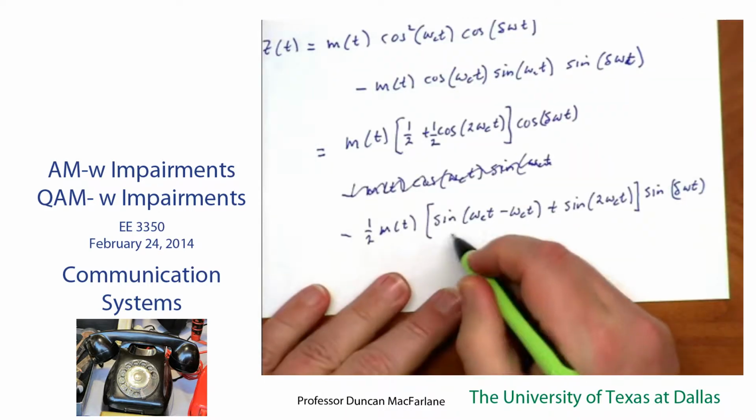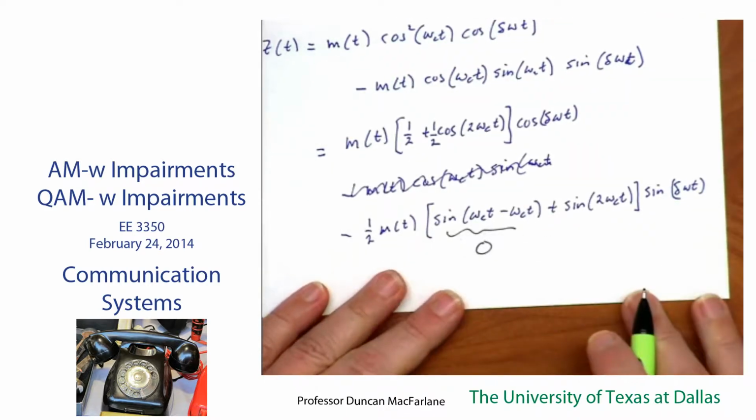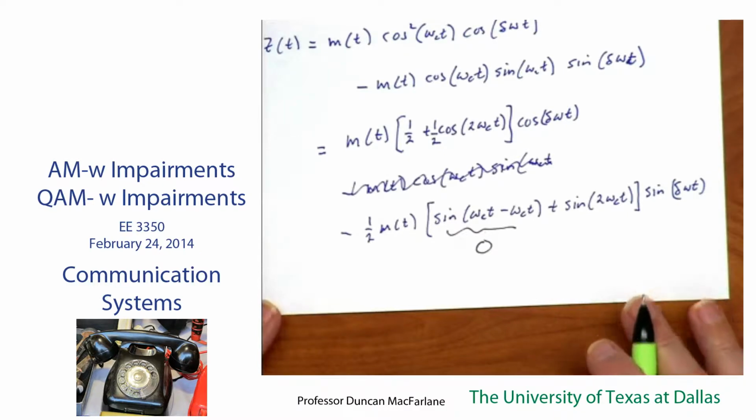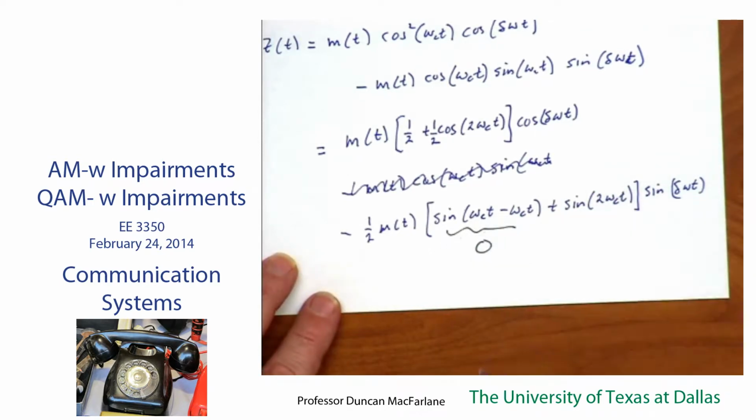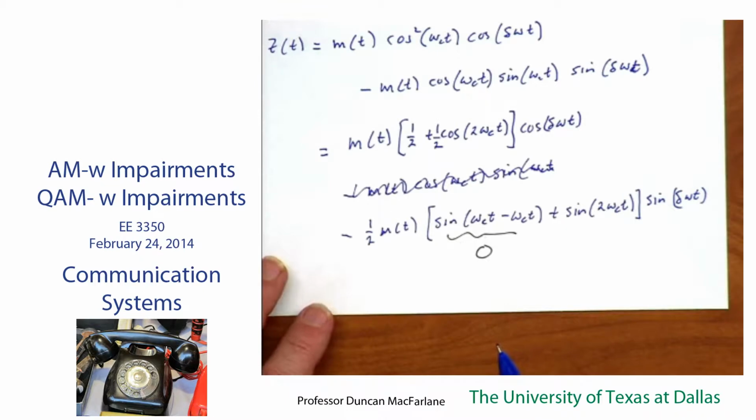So this will also always equal 0. Right? I don't know if that's what you were saying, but I think that's right. So this guy is 0, and then I just have the sine of twice omega ct. Okay. Good.